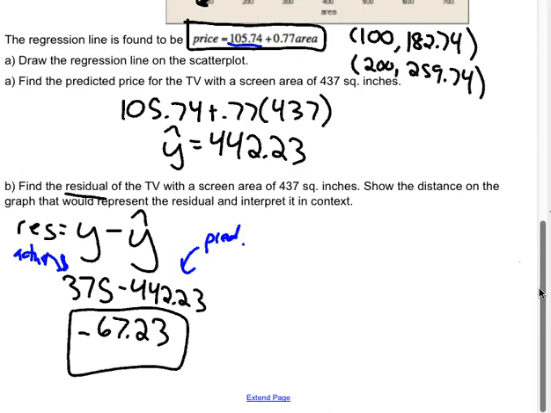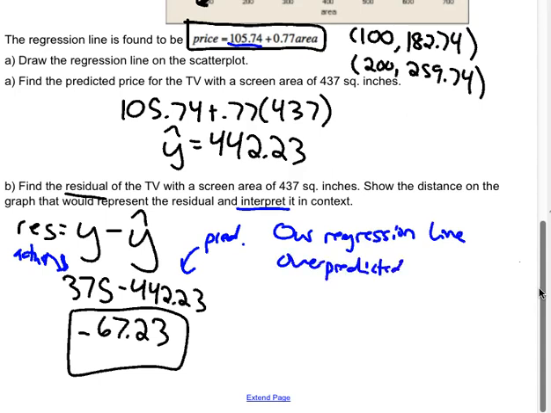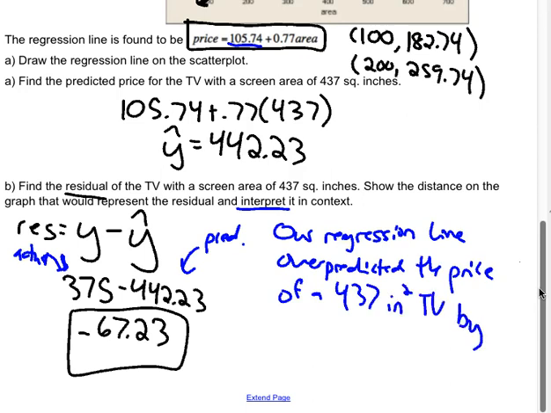So here, the interpretation of this is our regression line over predicted the price of a 437 square inch TV by $67.23.